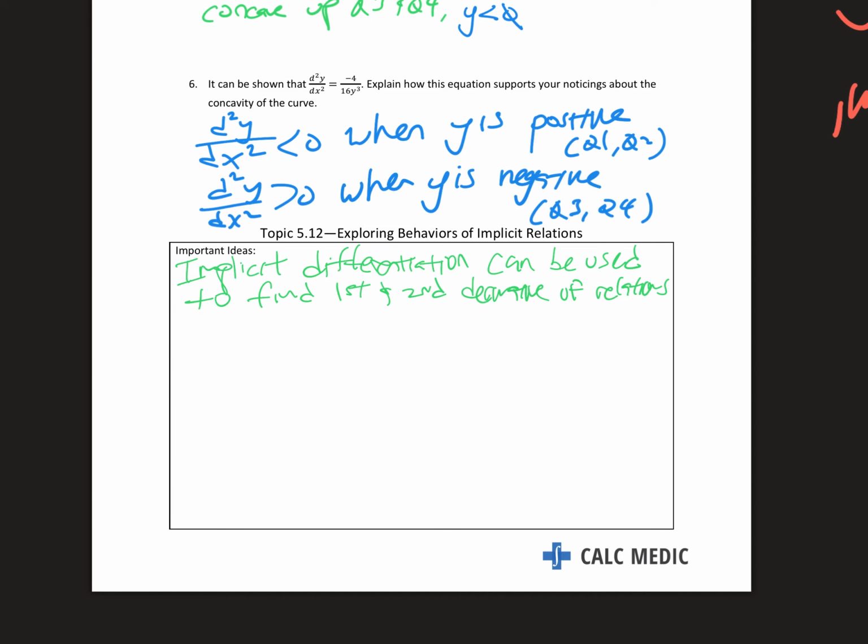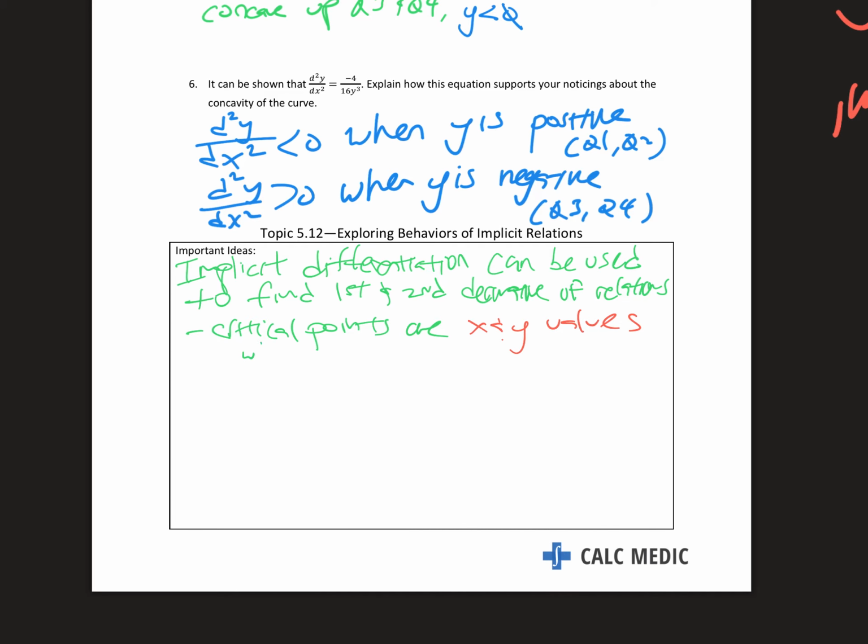The next thing, though, here's a key idea that's a little different. The critical points, like our vertical tangent, remember it was 0, 2, 0, and negative 2, 0? The critical points now are x and y values. Not just x values anymore, it's x and y values. And when do they happen?